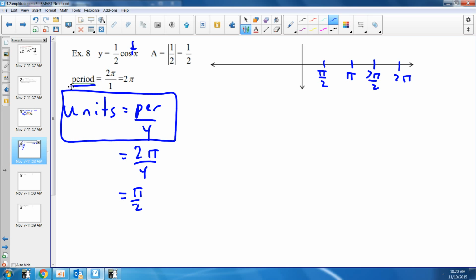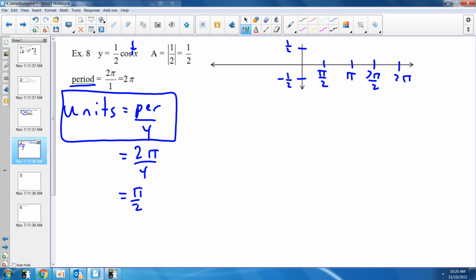I also know the amplitude is 1/2, so I know I'm going from positive 1/2 to negative 1/2. The framework is done at this point. I put down my 4 points. I don't want anything in between there. And I put down my max and min points.